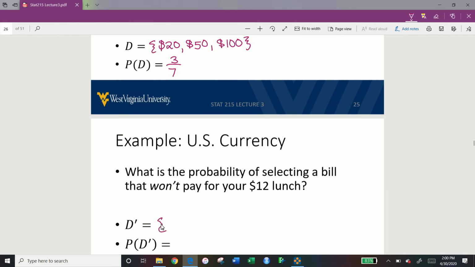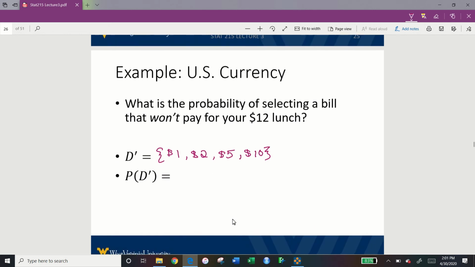The bills that cannot pay for your $12 lunch are the $1, the $2, the $5, and the $10. This means the probability of our complement is going to be 4 out of 7.